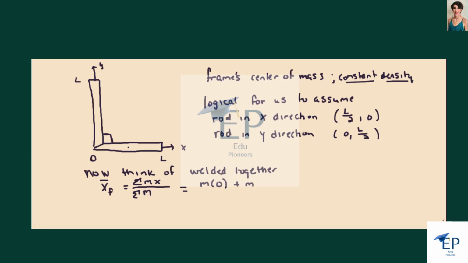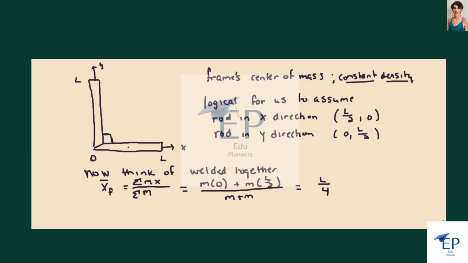Plus the mass in the X direction, which is at L over 2, because that's where it's concentrated. This is divided by M plus M. So this is going to be L over 4.